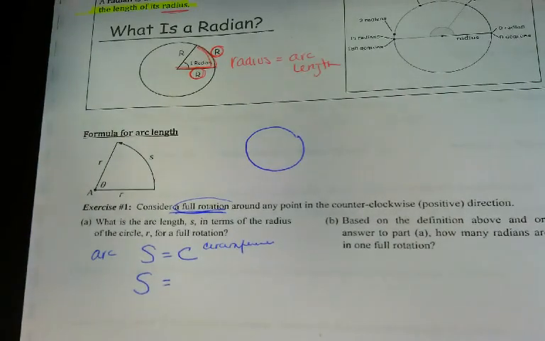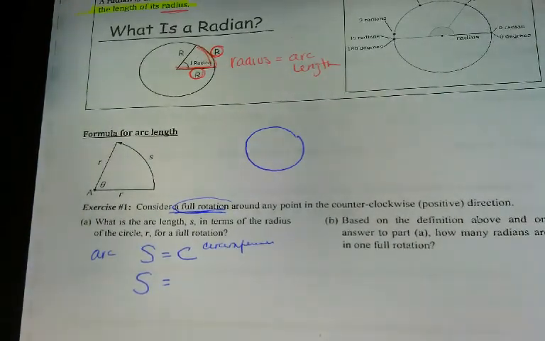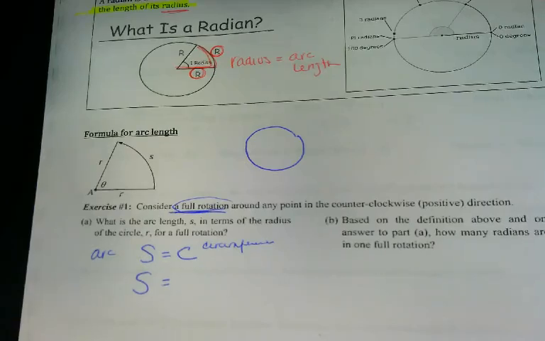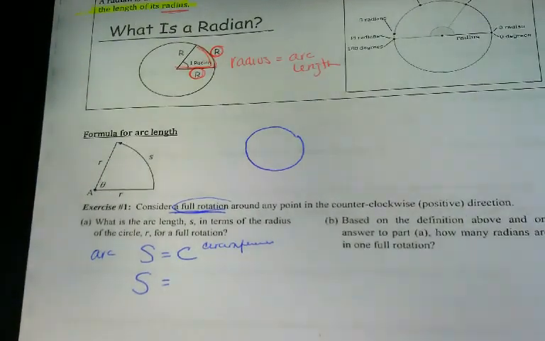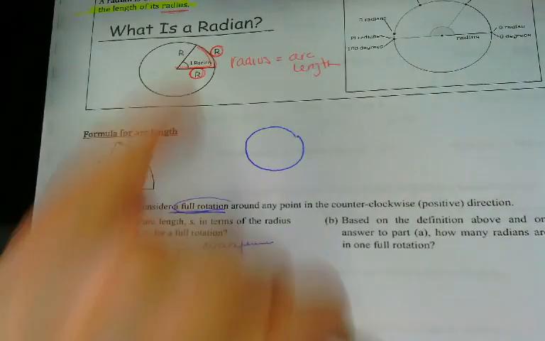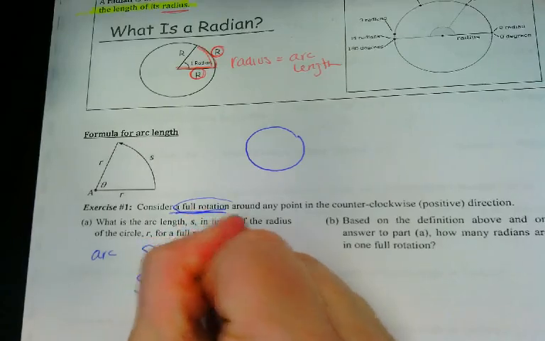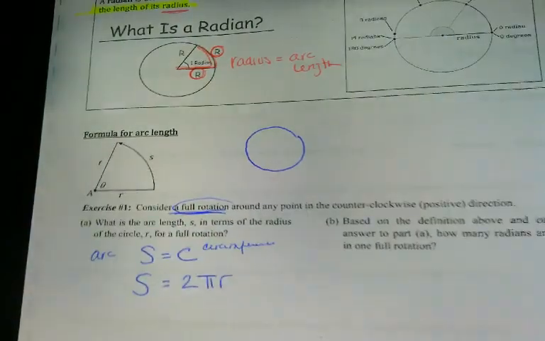Anyone remember that from those good old geometry days? Pi d. Now let's put it in terms of radius, because this has a radius in it. How many radii make up a diameter? 2. So we call that 2 pi r.